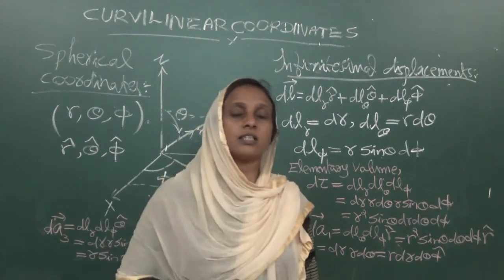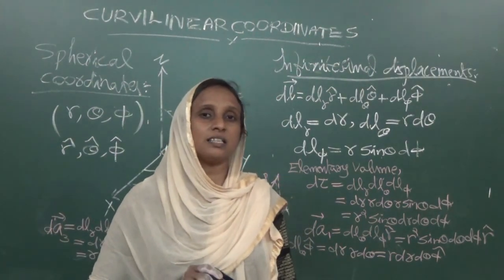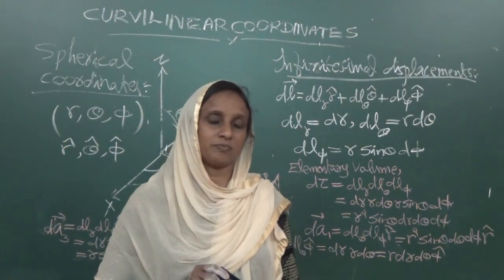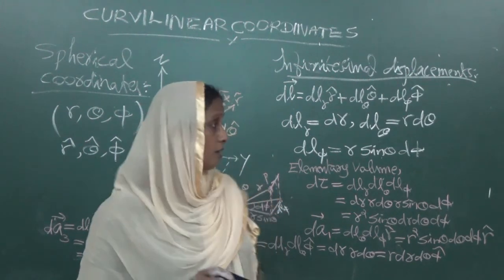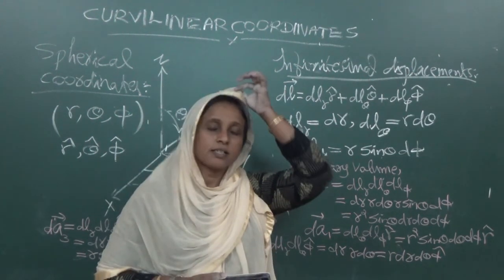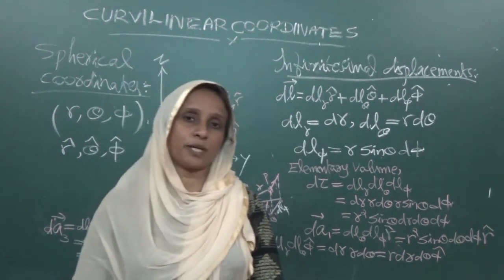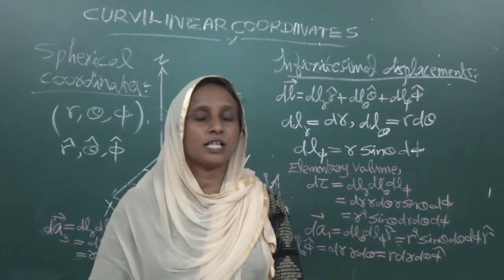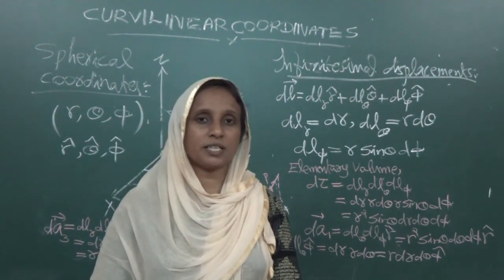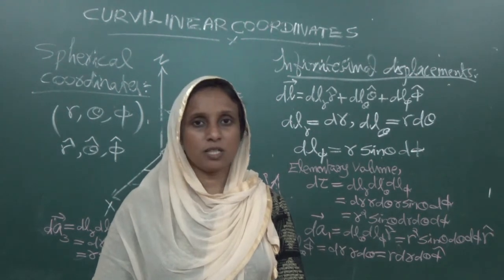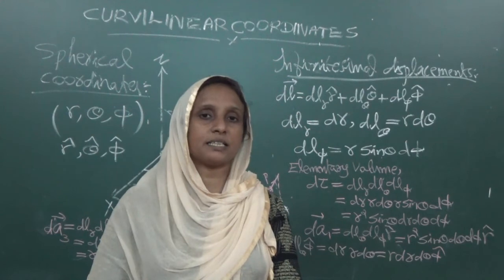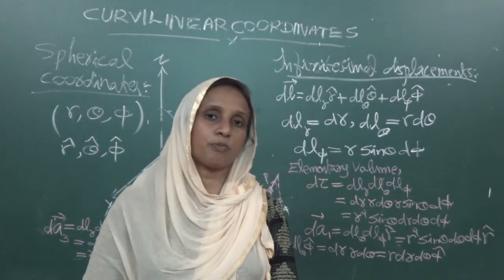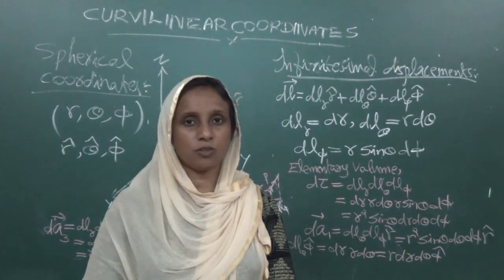Okay, these are all about elementary area. Now we can express the gradient operator in this spherical polar coordinate system, and then using that, its divergence and curl.